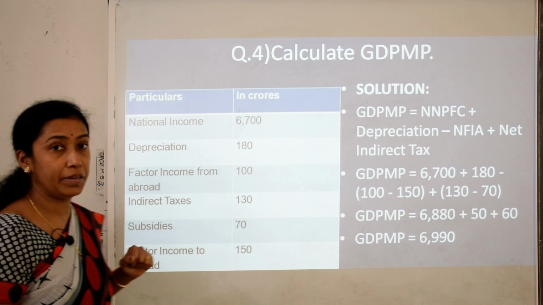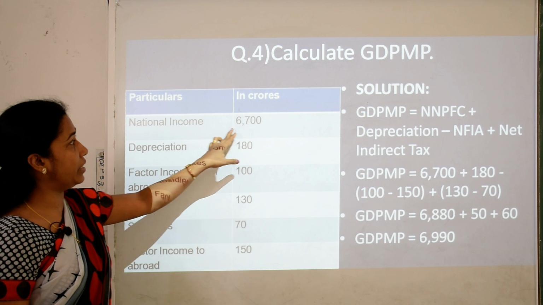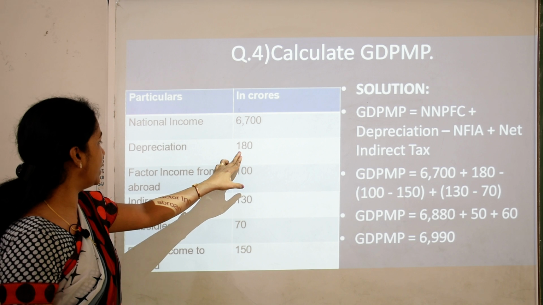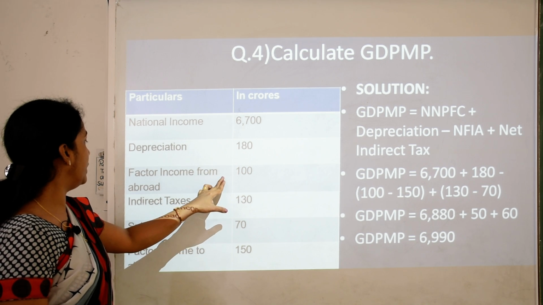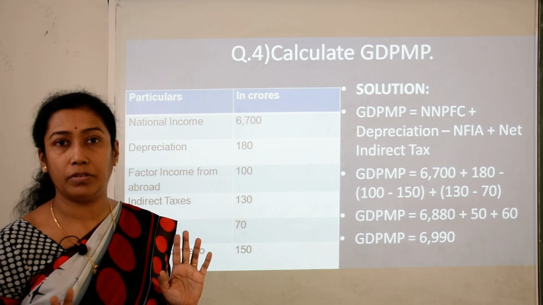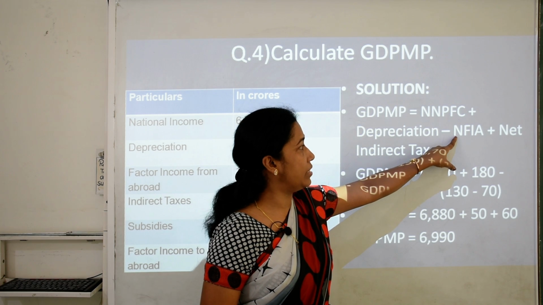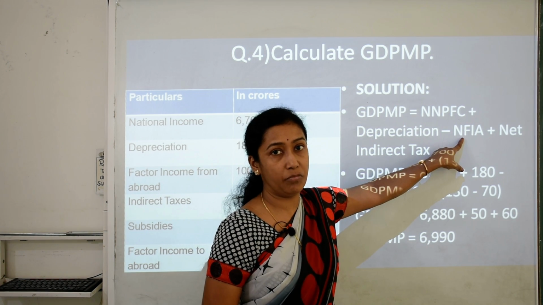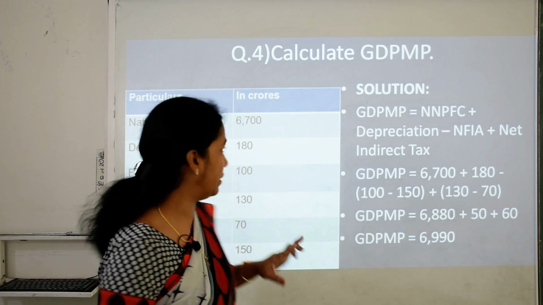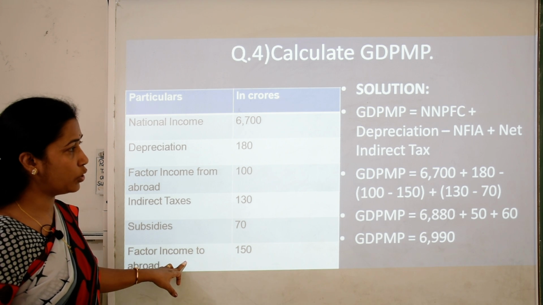Now calculate GDP at market price. This is one more question which you get. See dear student, national income is given here as 6,700, depreciation is given as 180, factor income from abroad is given as 100. Now here net factor income from abroad is not given. In the formulas you can see that we have deducted net factor income from abroad. In case net factor income from abroad is not directly given, what is given? Factor income from abroad and factor income to abroad.